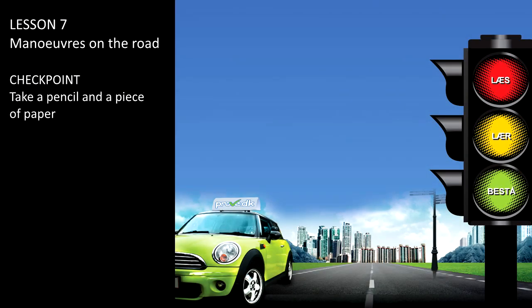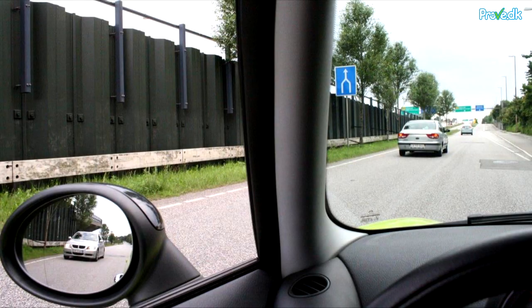Checkpoint. Take a pencil and a piece of paper. You are driving in a built-up area at the speed of 40 kilometers per hour. Cars on your left side are driving at the speed of 50 kilometers per hour. How will you continue? I will turn on the left indicator.